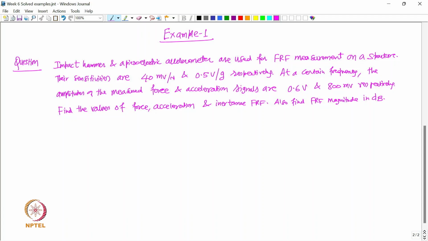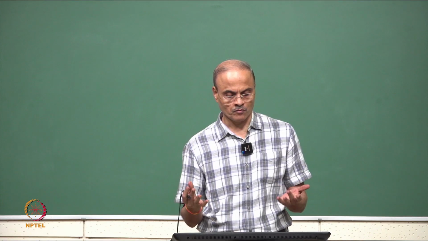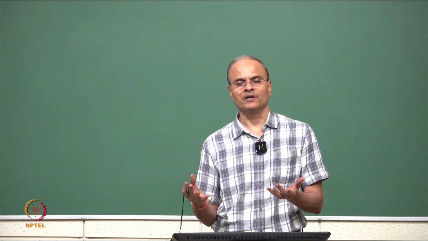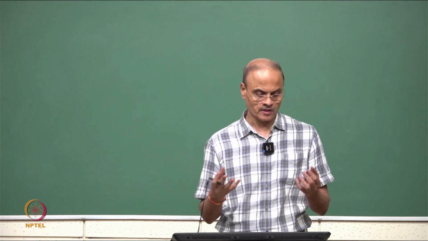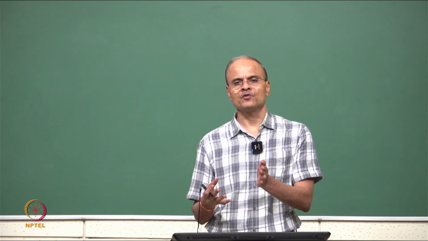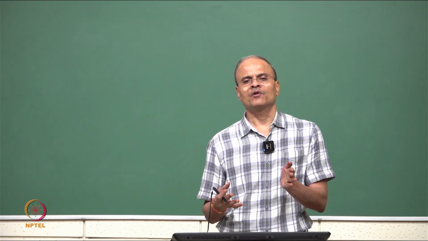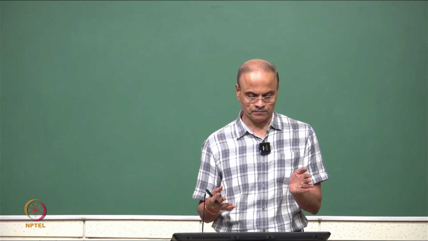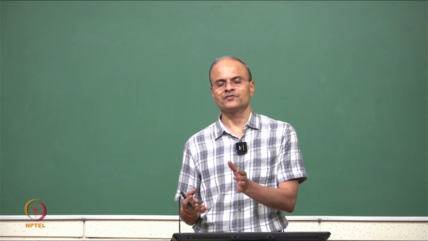Okay. So, this is basically the problem. Here an impact hammer and accelerometer are used to measure the FRF, and we have been given the sensitivities of both these, and also at a certain harmonic frequency omega, what are the amplitudes of the measured force and acceleration signals.